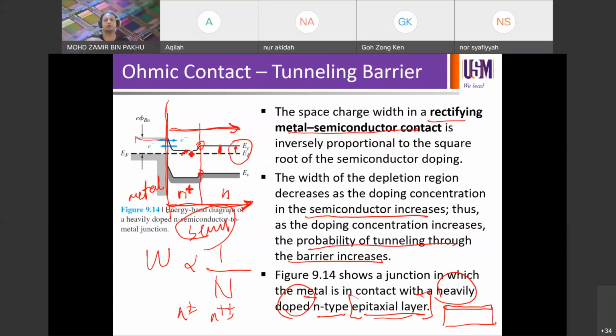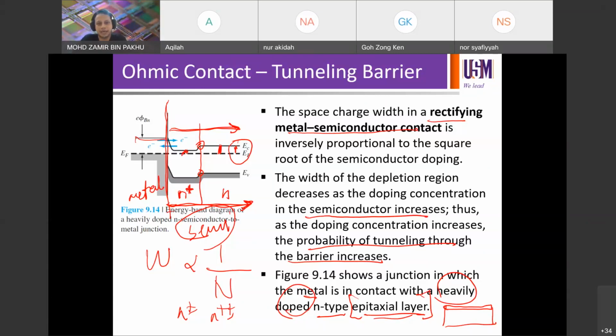To be able to accommodate the change in the EF, the change in the doping level, the EC has to bend accordingly to be nearer to EF, because EF is just a single line, a single chemical potential at thermal equilibrium. So the EC has to bend accordingly near the border between N and N plus in order to accommodate the closer nature of the EF to EC in N plus, right?